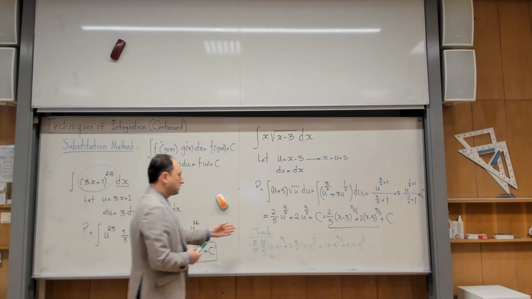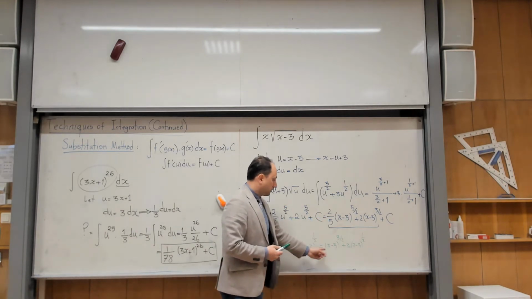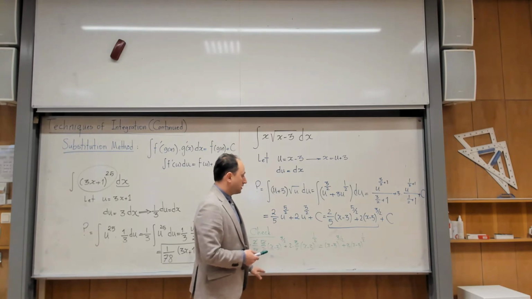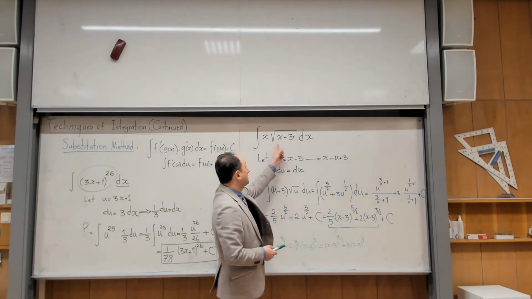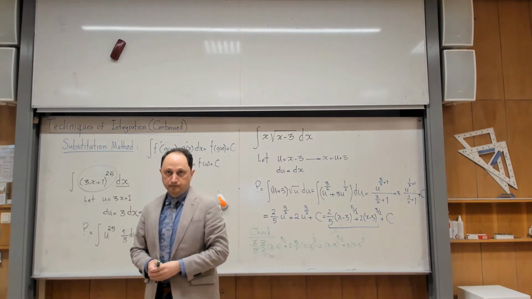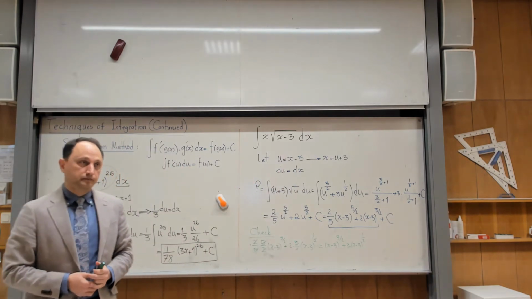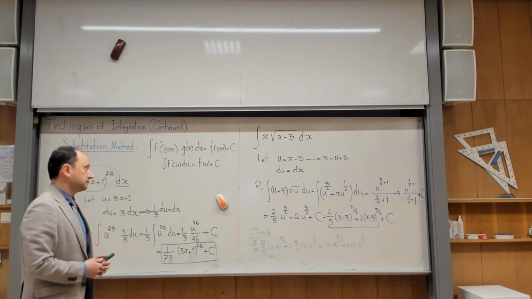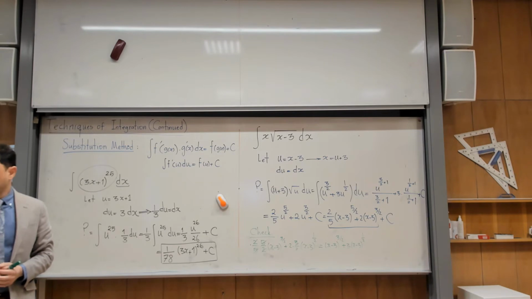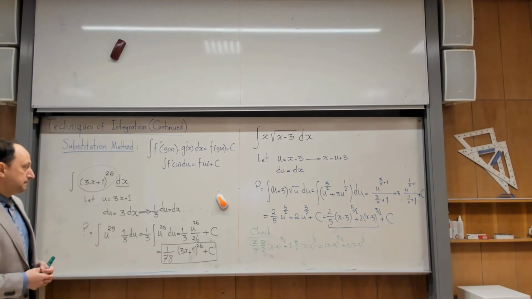Because what I did, I differentiated this one and I got this one, and differentiation is finished here. What I expect is to get this answer back. But is this the same answer or not?